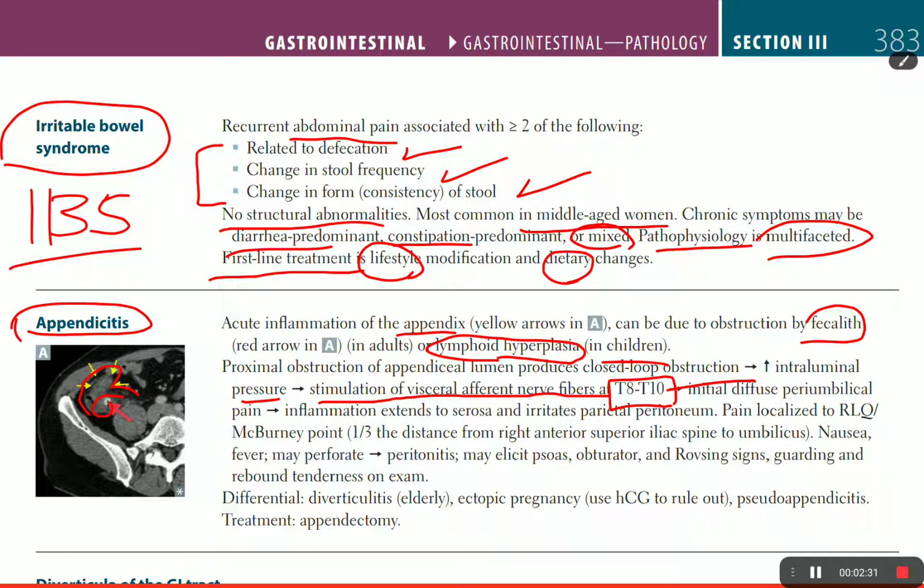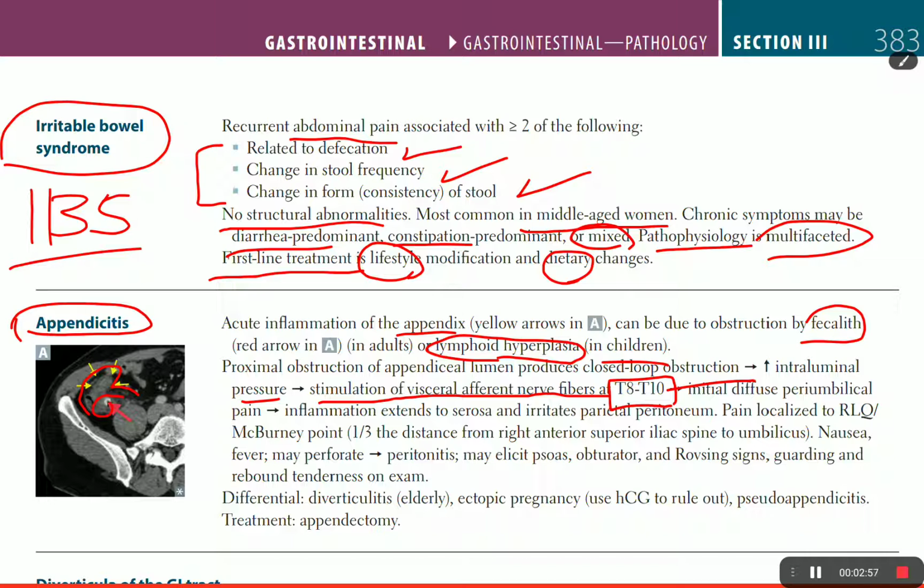So the earliest sign of a patient with appendicitis is a vague para-umbilical pain. The patient cannot describe whether it is a sharp pain, heavy pain, or colicky pain. He just feels a noisy pain in the para-umbilical area.